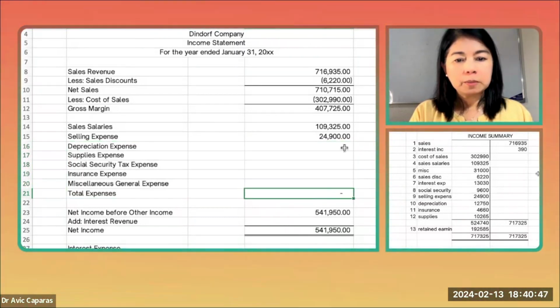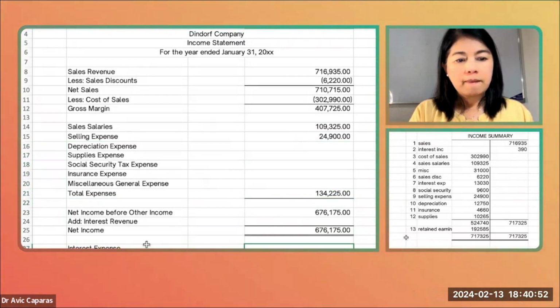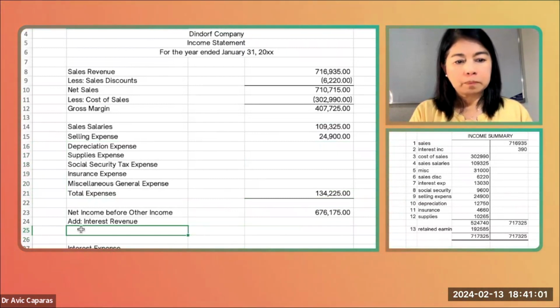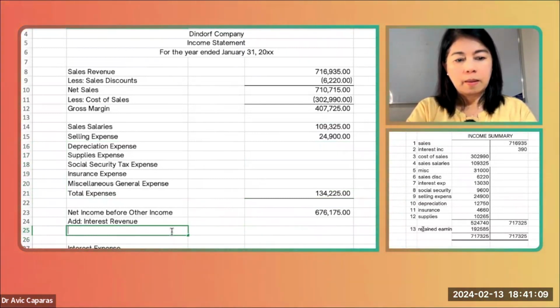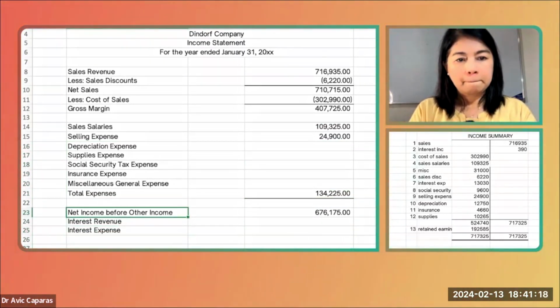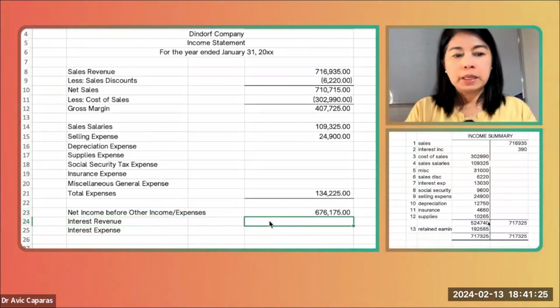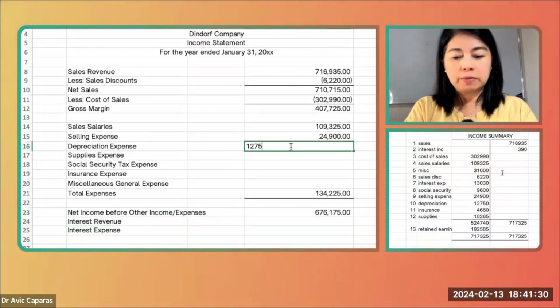Okay. Total expenses will therefore be all of this. So here, depreciation expense is 12,750.